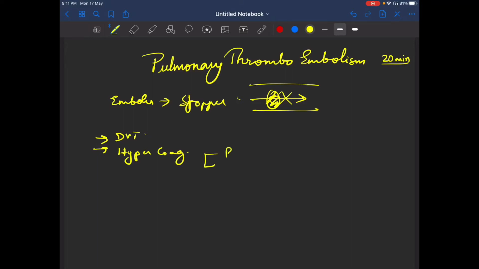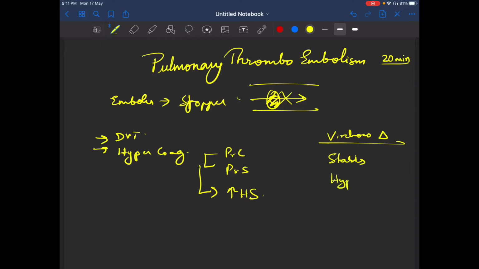They include protein C, protein S deficiency, hyperhomocysteinemia, etc. And now there is a Virchow's triad of thrombus formation that is characterized by stasis, hypercoagulability, and endothelial injury. This is Virchow's triad of thrombus formation, thrombosis. There is an increased risk if these three are there.